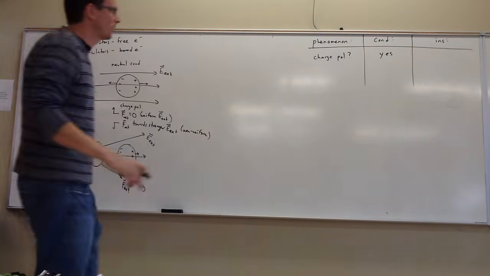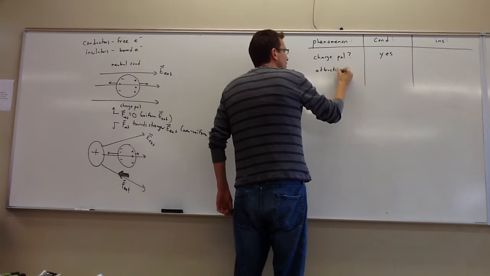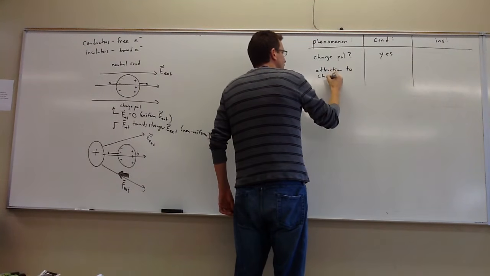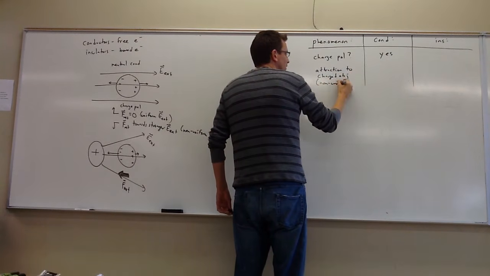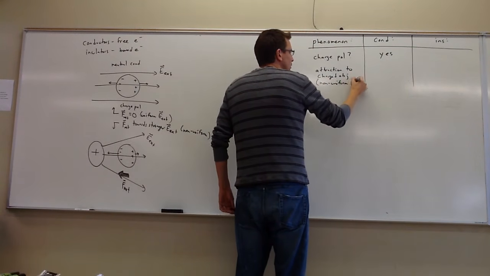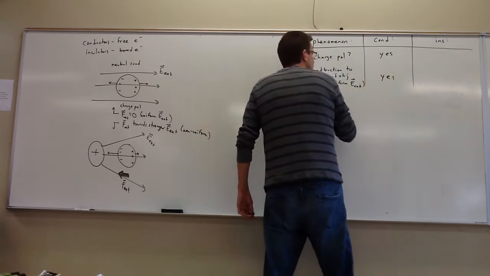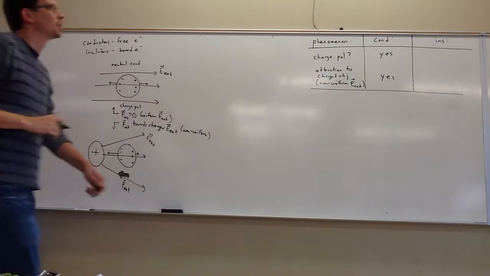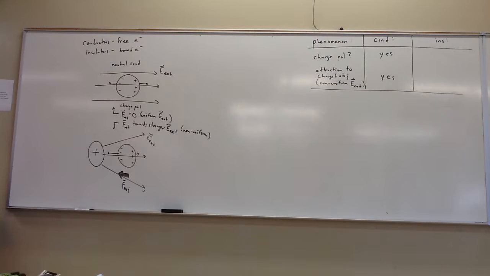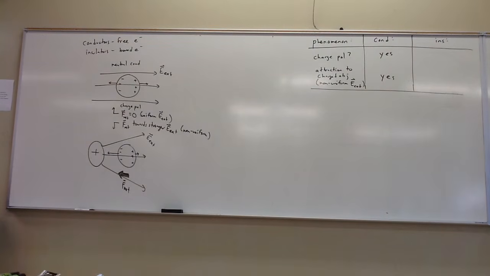Now, one of the consequences of charge polarization is attraction to a charged object with a non-uniform field. Most certainly. I'm leaving those as one row because one really just follows from the other.